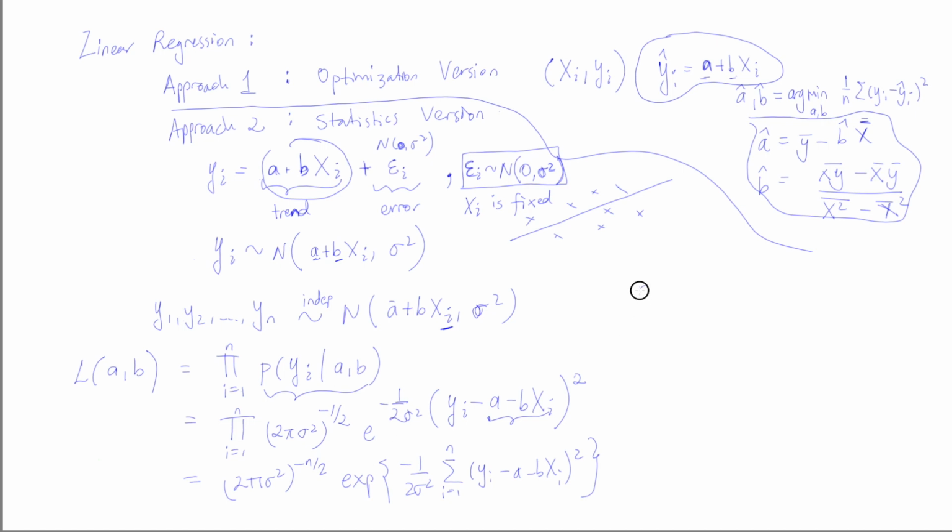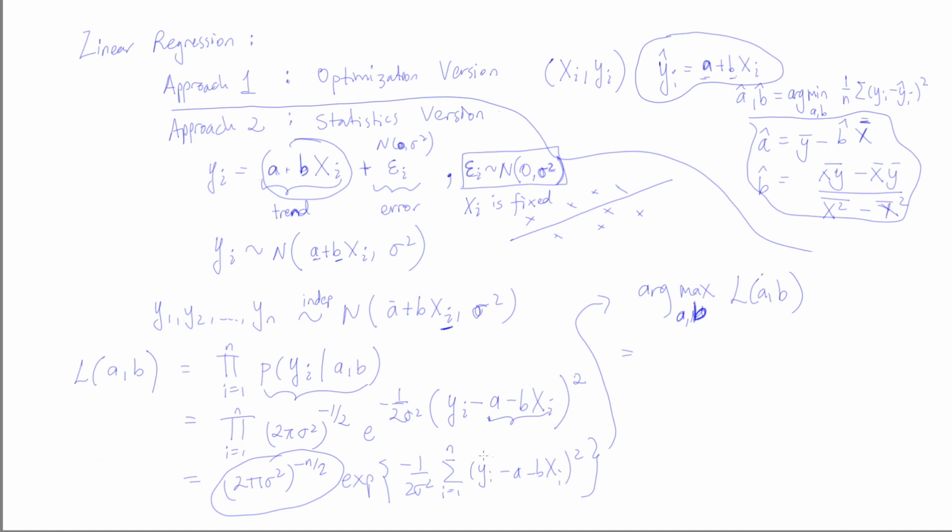Now, hopefully you should see that argmax over mu, a, b of L(a, b) is equal to, well, okay, remember this term doesn't do anything because it doesn't have a and b inside.